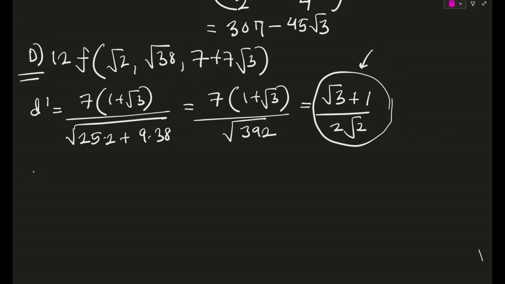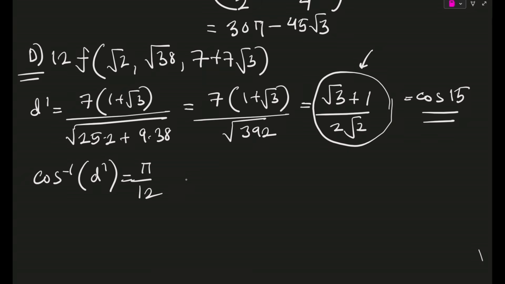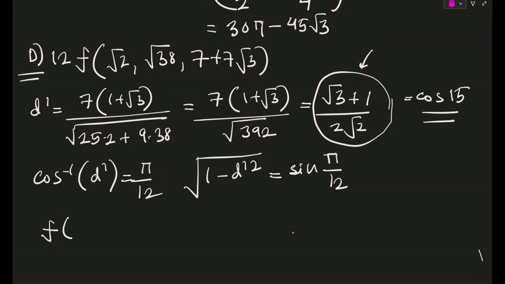so, easy recognition, guys, this thing here is cos 15, right? Or rather pi by 12. So your cos inverse d dash here is pi by 12. And obviously root under 1 minus d dash square would be nothing but your sine pi by 12, right? So guys, if we now write this f of, I will change the page, wait.